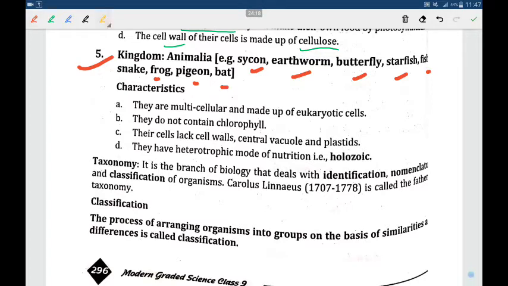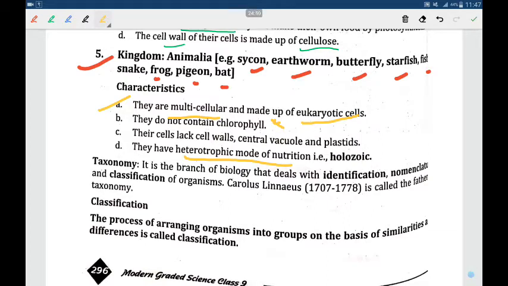What are the characteristics? They are multicellular. Body contains more cells, and the cells lack chlorophyll. They are non-green, and they have a heterotrophic mode of nutrition. Means they do not make food themselves.